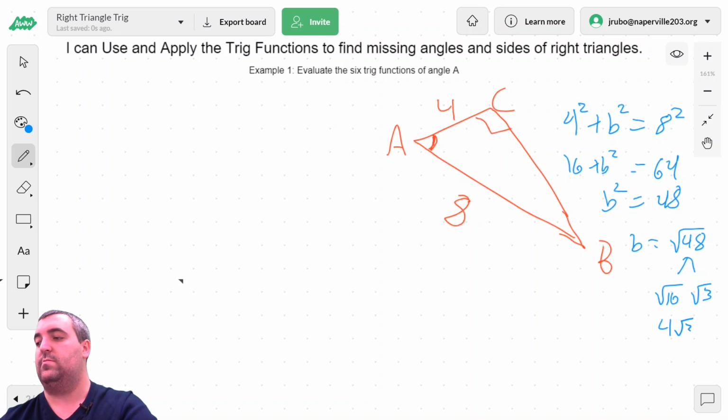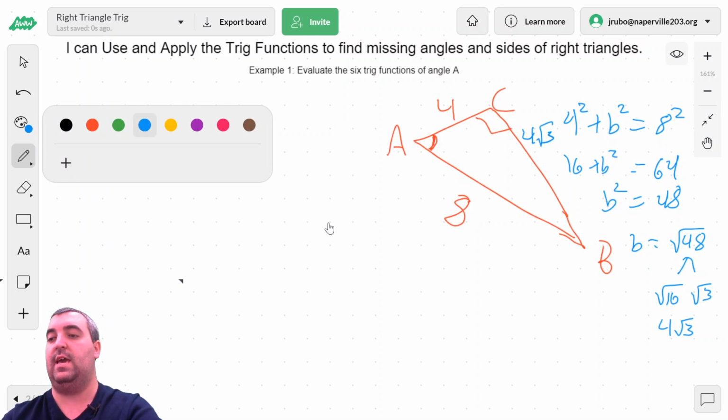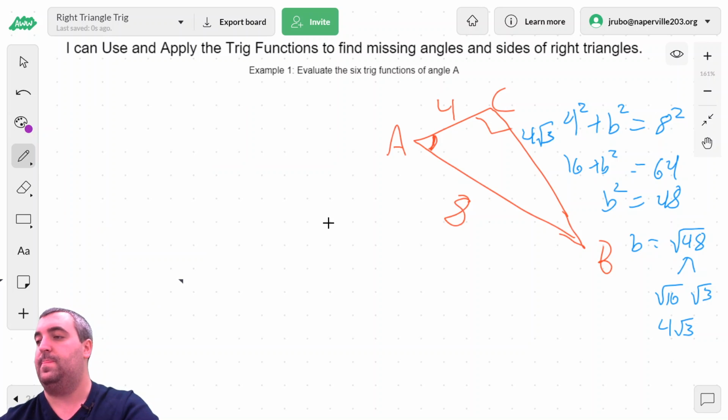So you get 4 square root of 3. That is what this side is. Since we're looking at it with respect to A, this would be our opposite, this is our adjacent, and our hypotenuse will be the 8.